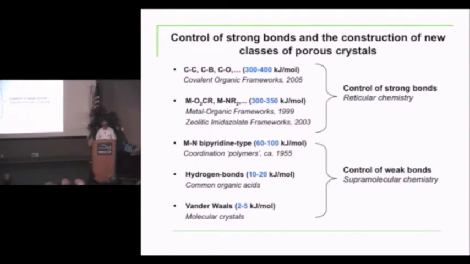And so, indeed, I would like to say that while building structures from weak building units is the domain of supramolecular chemistry, the control of the strong bonds, as we have shown with metal organic frameworks, and some of you may know we've extended this to imidazolate frameworks and covalent organic frameworks that don't have any metals in them, we call this kind of chemistry reticular chemistry, just to emphasize that it is about the control of the strong bond and making of robust materials.